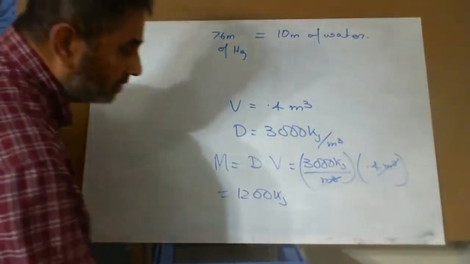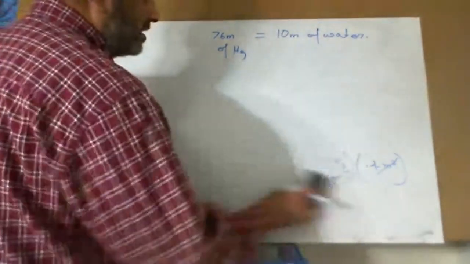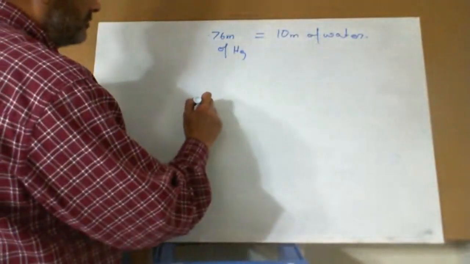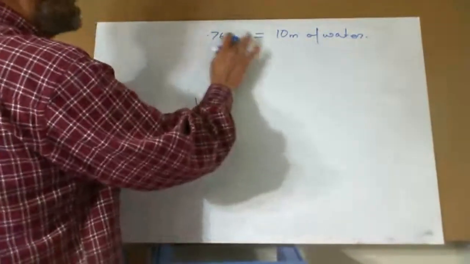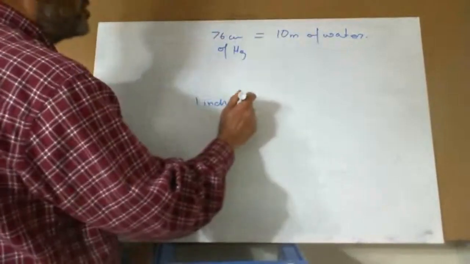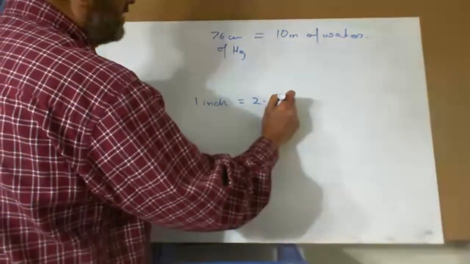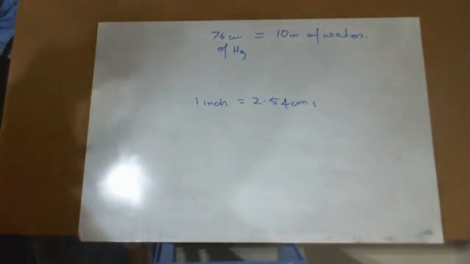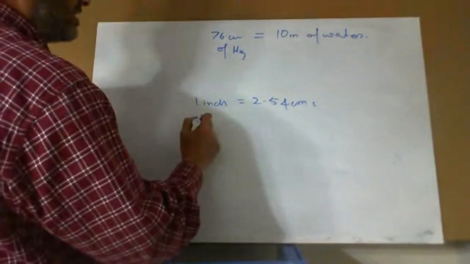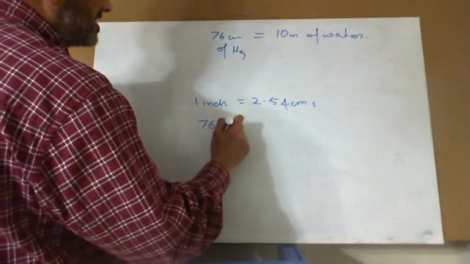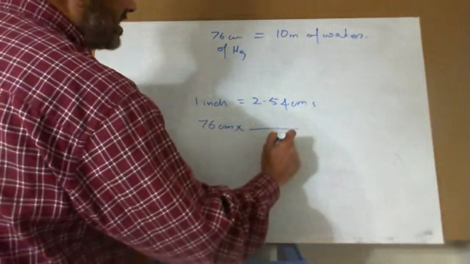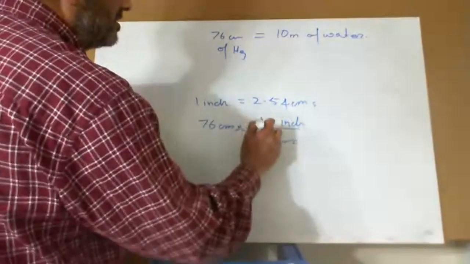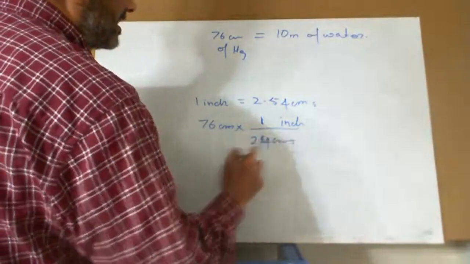Okay. Also, remember the conversion, 1 inch. So let's make this 76 centimeters. 1 inch is 2.54 centimeters. Okay. So if I want to convert 76 centimeters into inches, I want to get rid of centimeters, I want inches, and one inch is 2.54 centimeters.